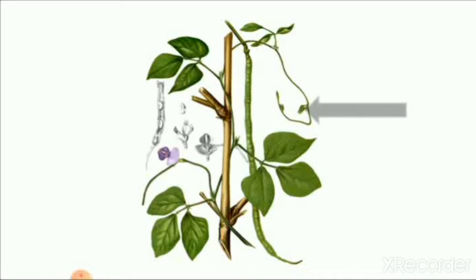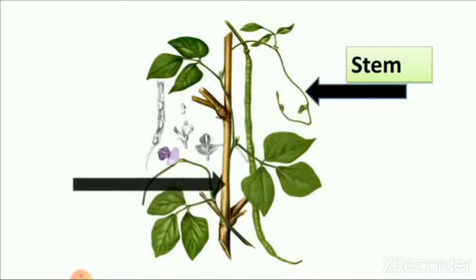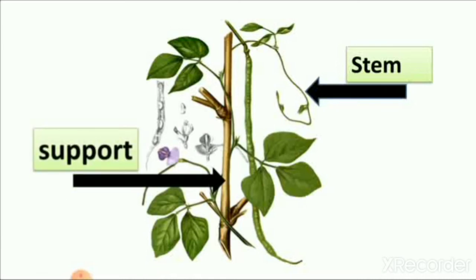Here is the stem of the bean, which you can see is very soft. They cannot stand straight. That's why they need support. So the stick between them is a support which helps the climber to grow straight.